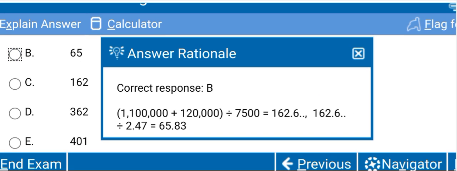1 into 100,000 plus 120,000 divided by 7,500 equals 162.6. 162.6 divided by 2.47 equals 65.83.